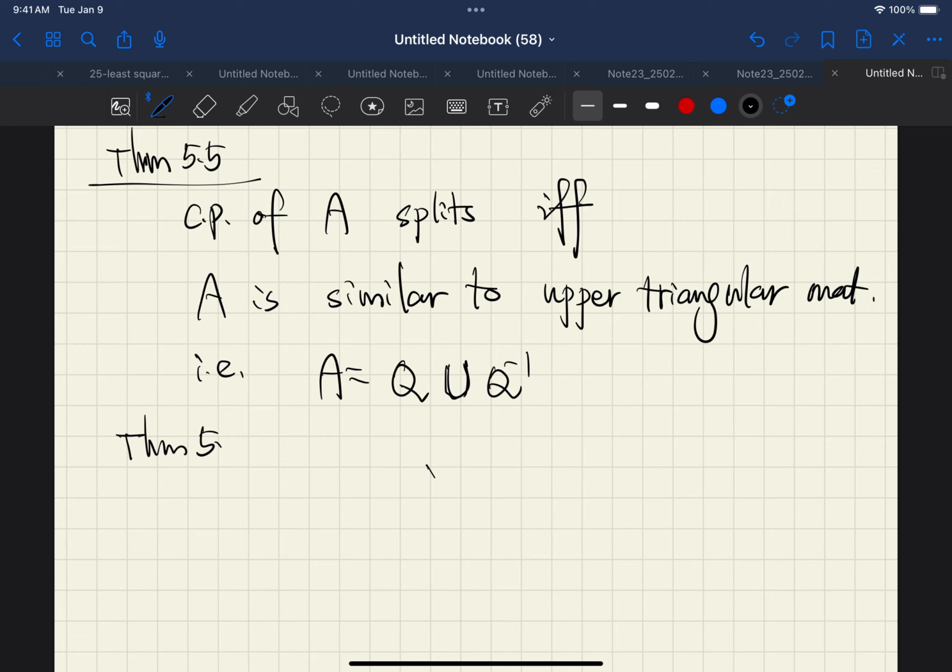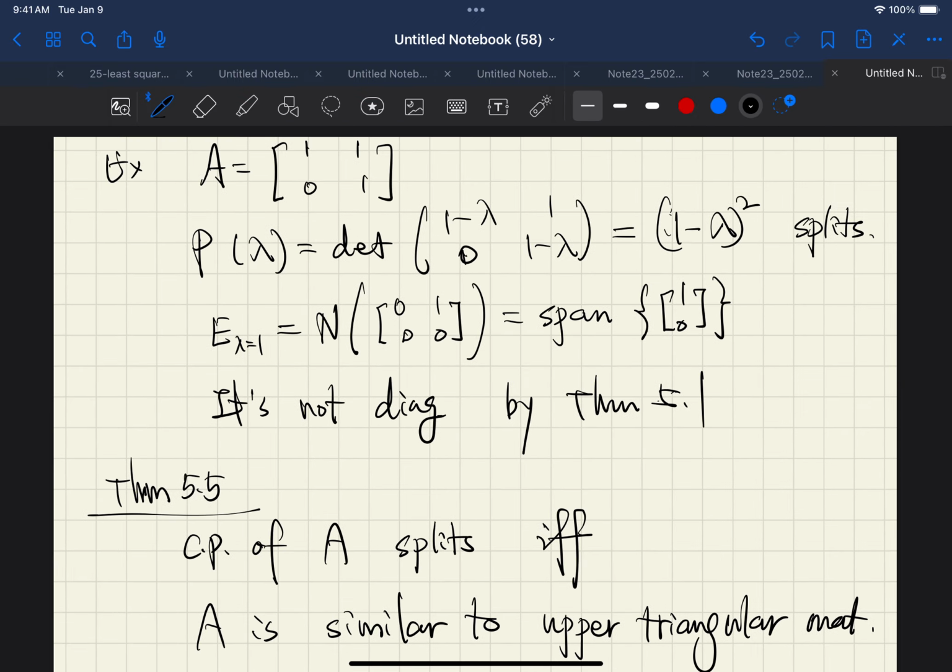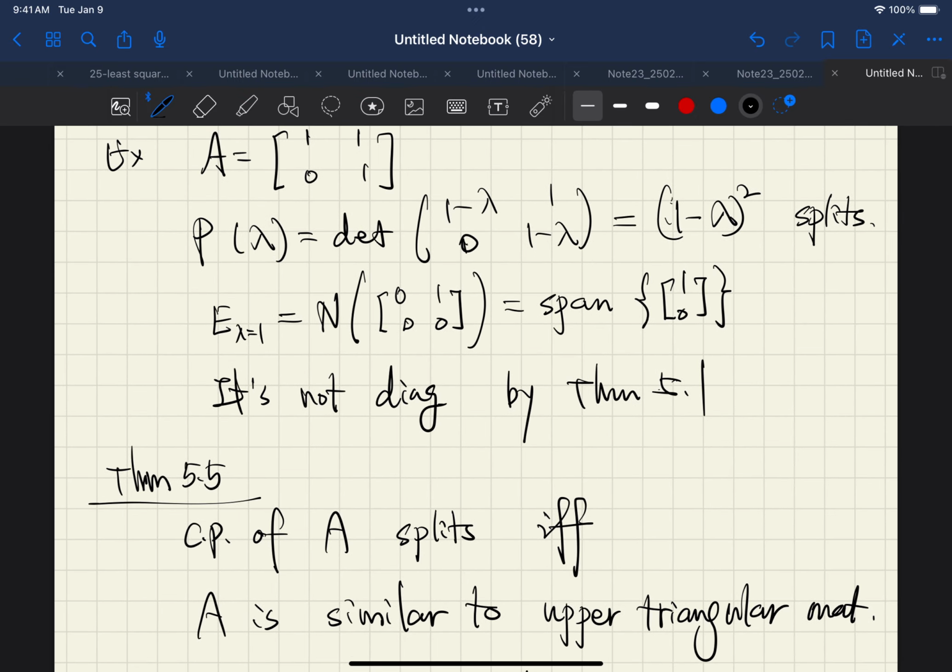Oh, right. Before that, we have to define multiplicity. Easily speaking, suppose lambda equals 1 is an eigenvalue, then its multiplicity is 2, which is the degree of this (1 minus lambda).